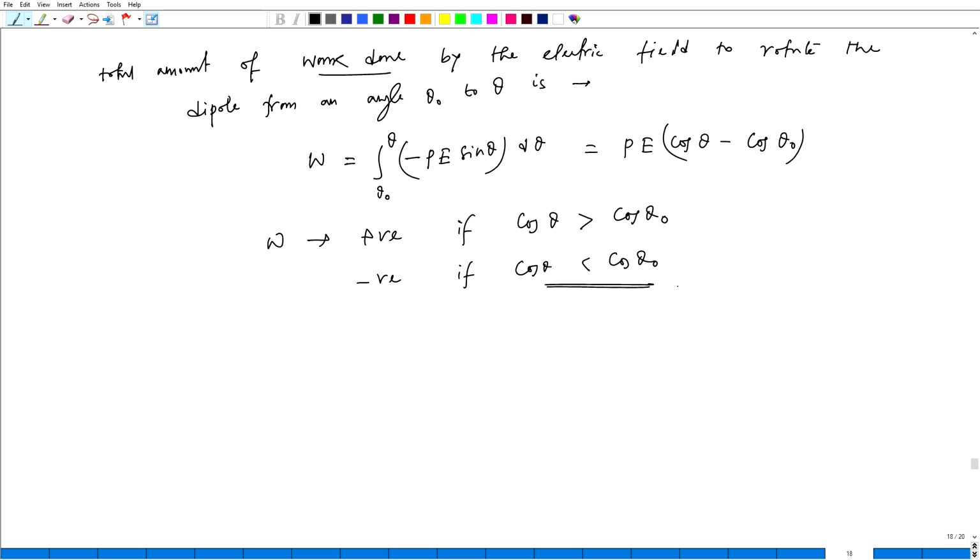Theta naught is the initial angle and theta is the final angle. If we increase theta, I think the cos theta value actually decreases, and the work done is negative. Okay.